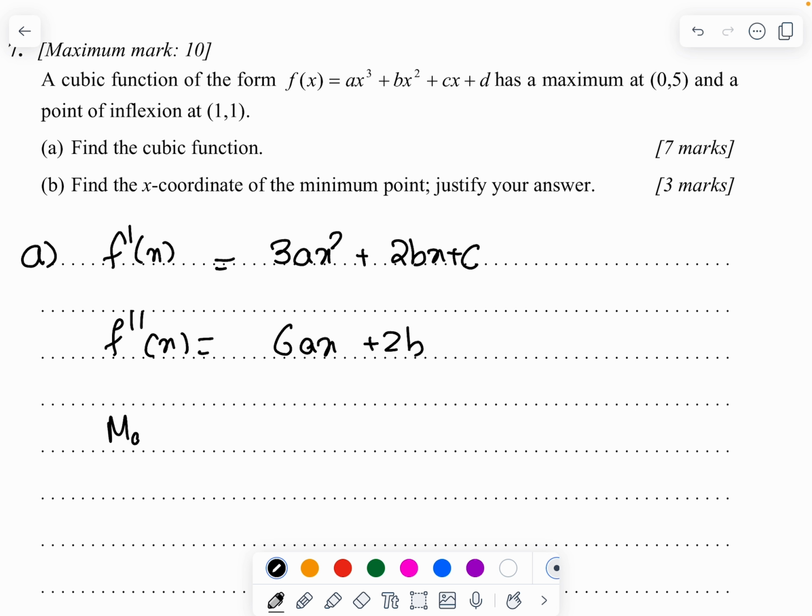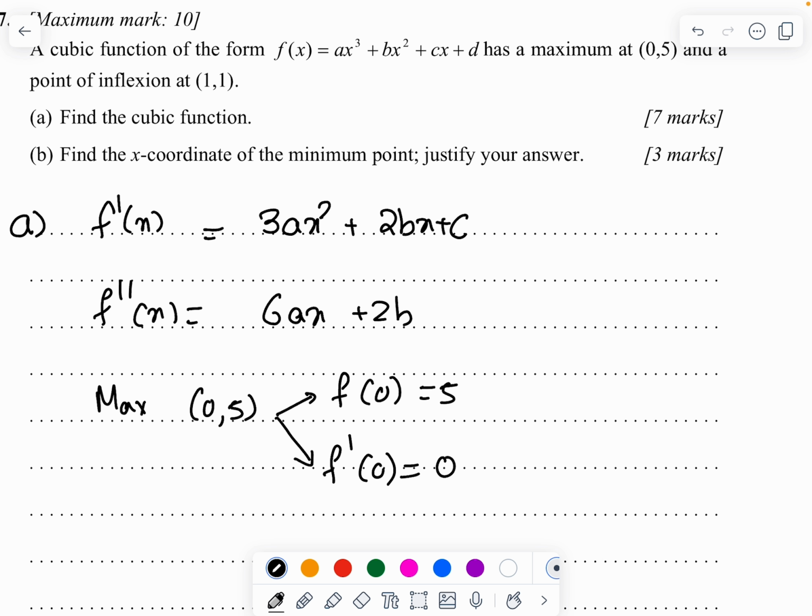Now he says that it is a maximum at (0, 5). So what does that become? f of 0 should equal 5, and f prime of 0 should also equal 0. A maximum point means there are two conditions: substitute 0 in the function and you get 5, and substitute 0 in the first derivative and you get 0.